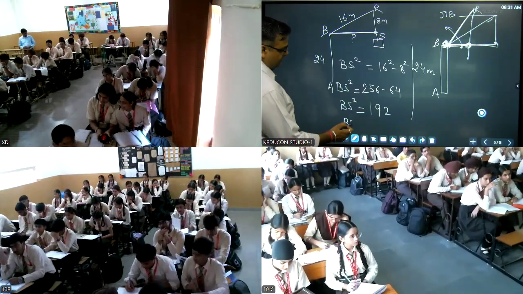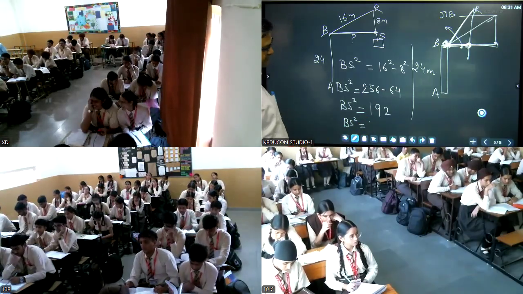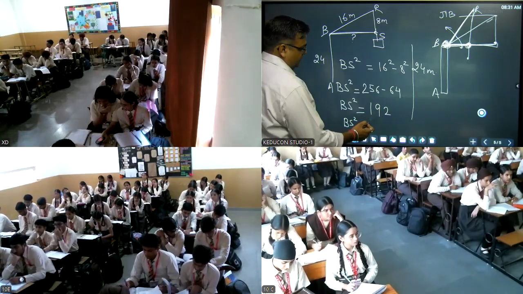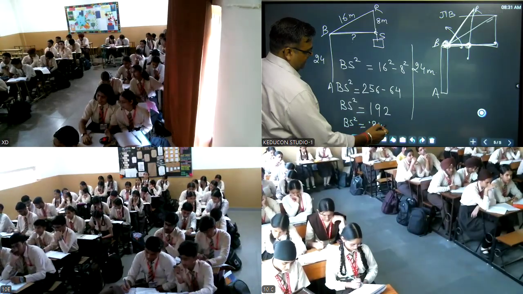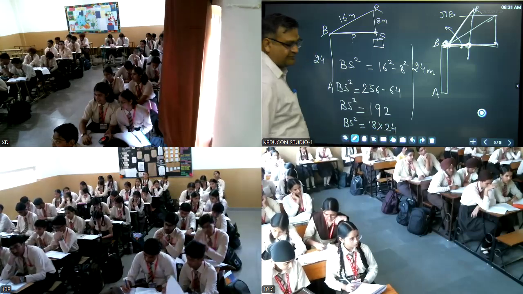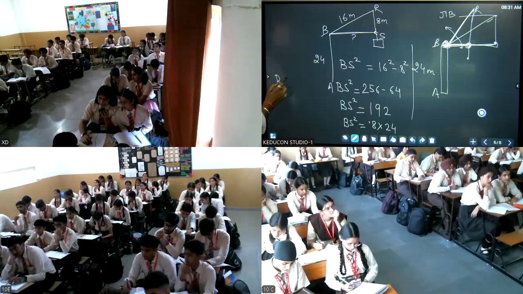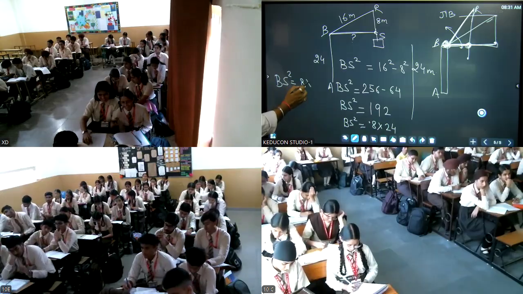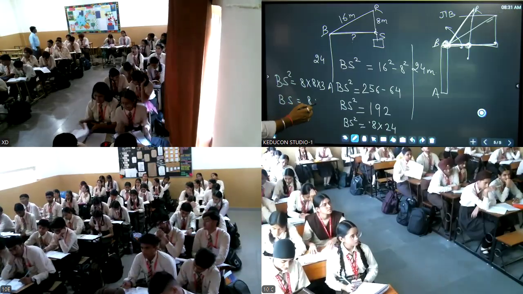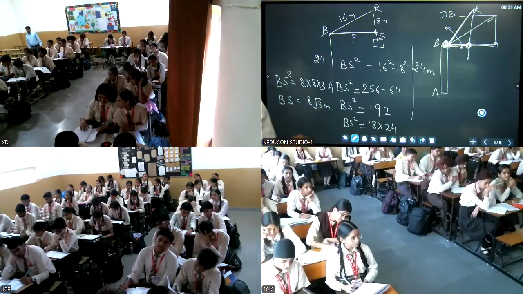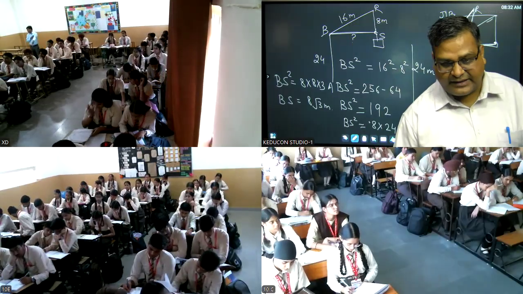Children, make its factors. This becomes 96 into 2. If you make its factors, you will get 8 multiplied by 24, right? And if you factor it further, it becomes 8 into 8 into 3. So BS will be equal to 8 root 3. Right. Choice A will be the right answer.